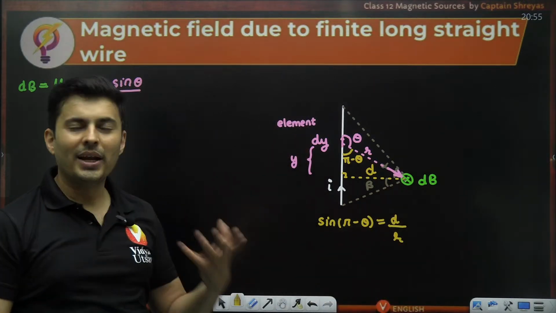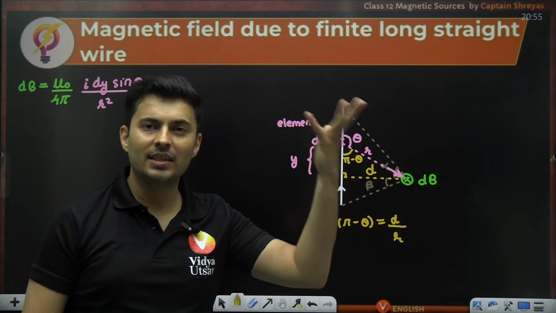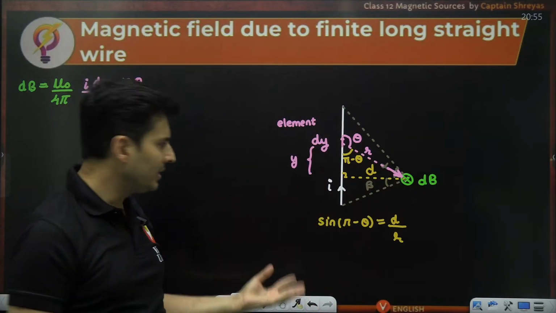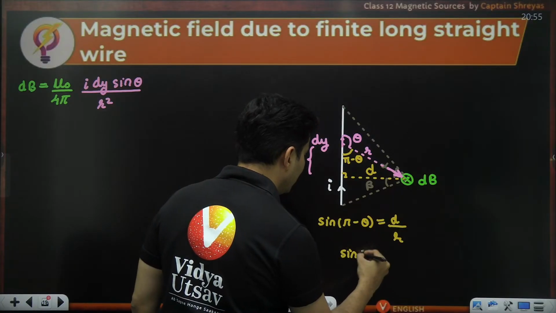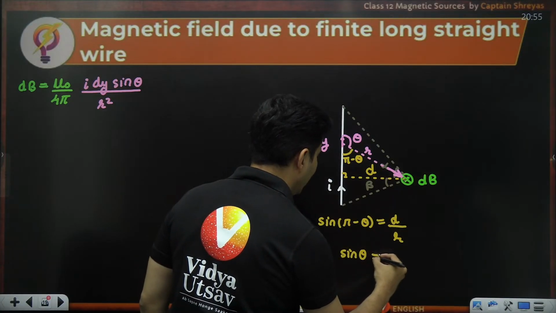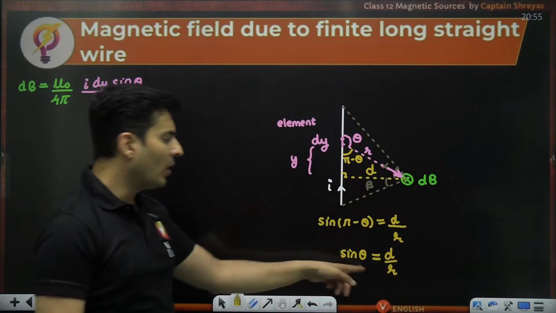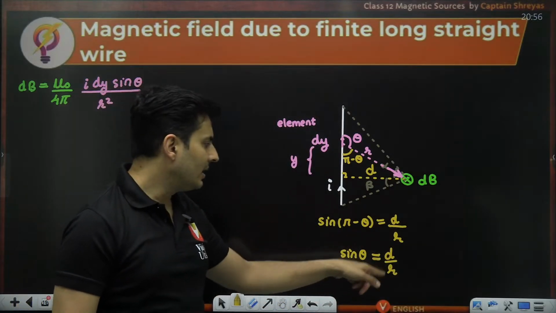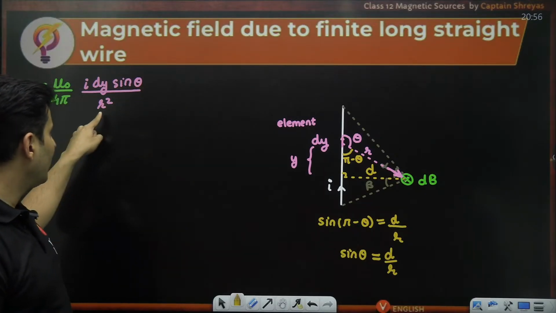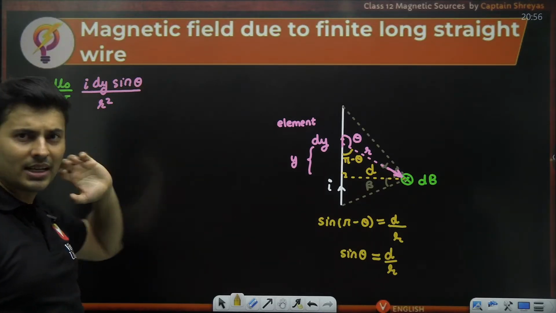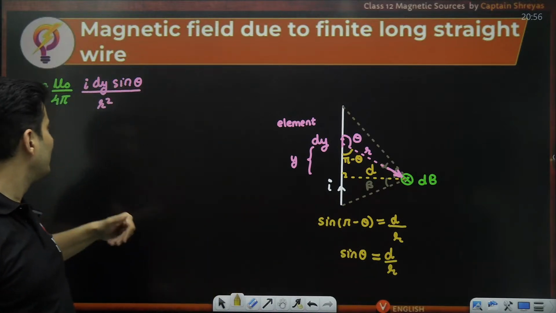What is sine of 180 minus theta? All silver teacups, it's in the second quadrant. Sine is positive, and sine of pi minus theta is just sine of theta. So sine theta is nothing but d by r. If you want, you can put sine theta as d by r here, or you can put r in terms of sine theta, whichever you want. That is just a substitution.